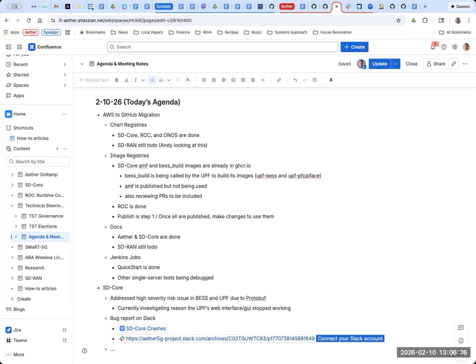Oh, because I'm getting an error from the GitHub Actions while reviewing these PRs that we want to include, complaining that charts.etherproject.org is out. Oh, so they are not working. Yeah, so those are the two things that we want to do before we start publishing the images on the GitHub registry.